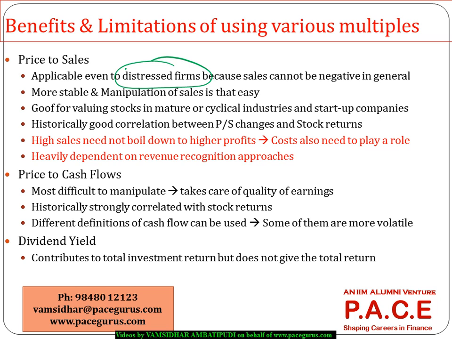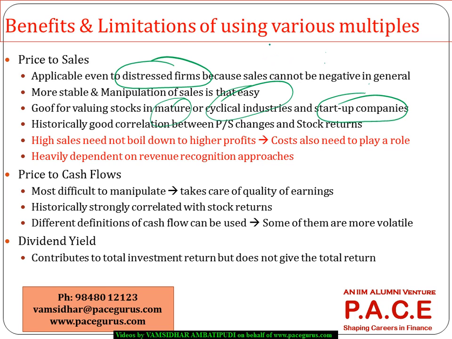So from that standpoint, people look at the price to sales ratio as being more and more stable and not that prone to manipulation compared to the earnings. So it is good for valuing firms which are mature or in cyclical industries, or even startups. Startups don't have too much operations or too much history of earnings, but at least sales is the starting point for them.